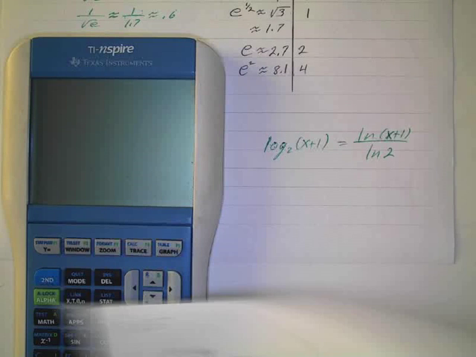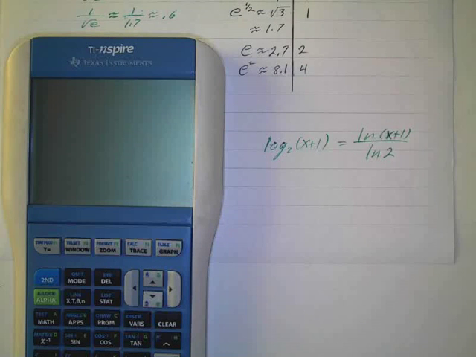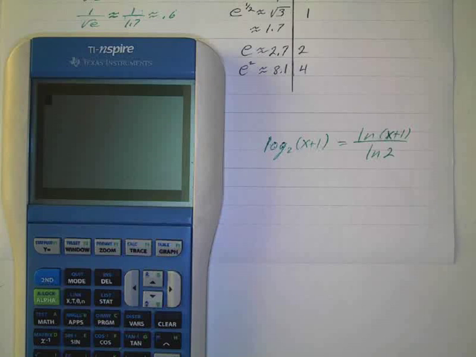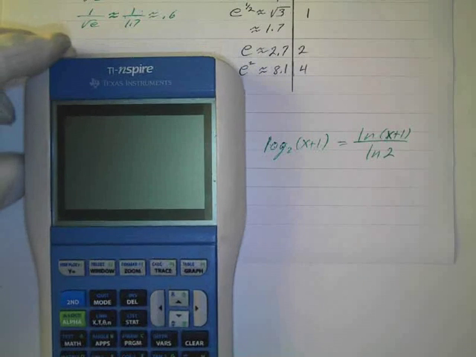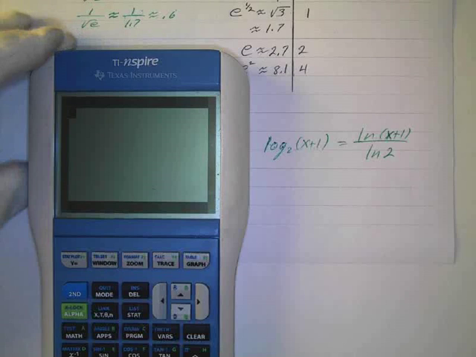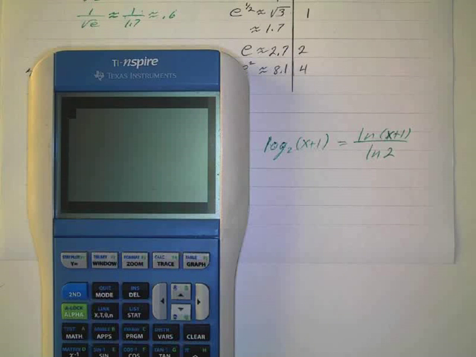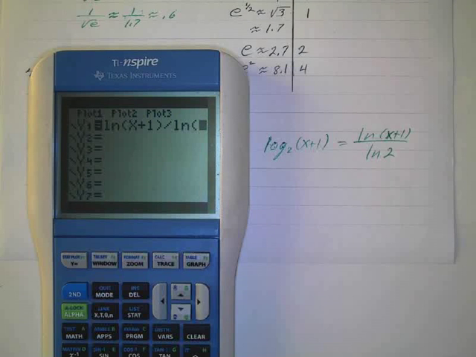So let's graph this and put this in our calculator first. So you can see it here better. There we go. Then we'll go to y1, and we'll put the natural log of (x plus 1), divided by the natural log of 2.